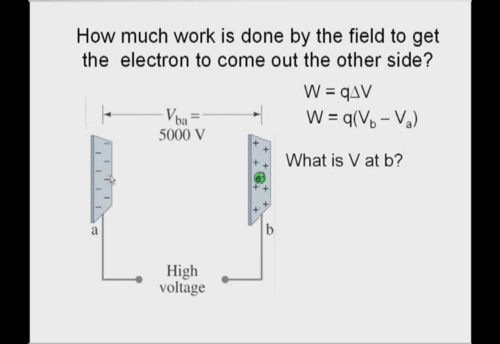The potential is over here on this side because as soon as I let go, it's going to take off. It has potential energy. So the potential at V is 0, which means our formula reduces down to negative QV. This negative actually shows that the work that I am doing on the electron is negative. Therefore, the work that's done by the field is positive.